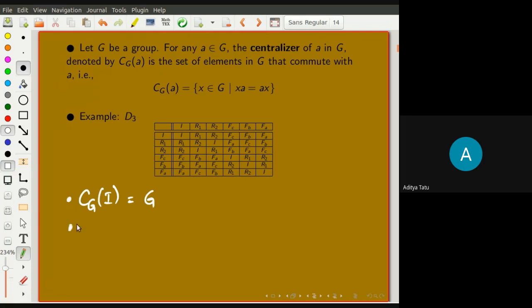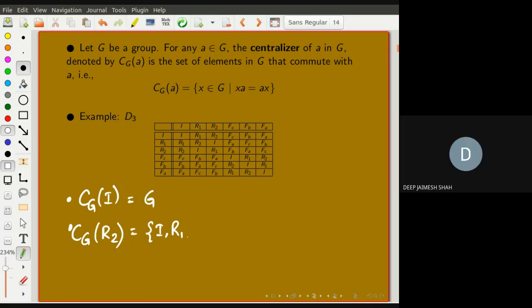Let's take another one. In particular, one that everybody wants me to pick up would be one rotation. Let's say R2. What elements commute with R2? I and R1. Anything else? There's at least one more element.